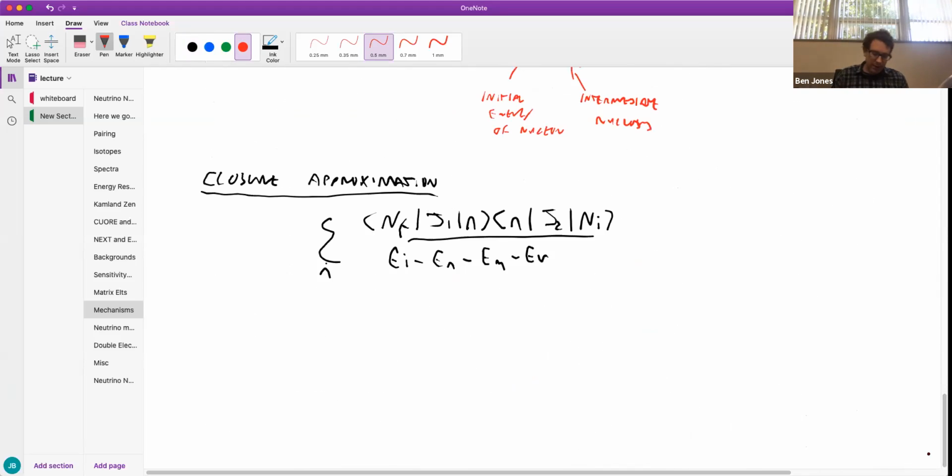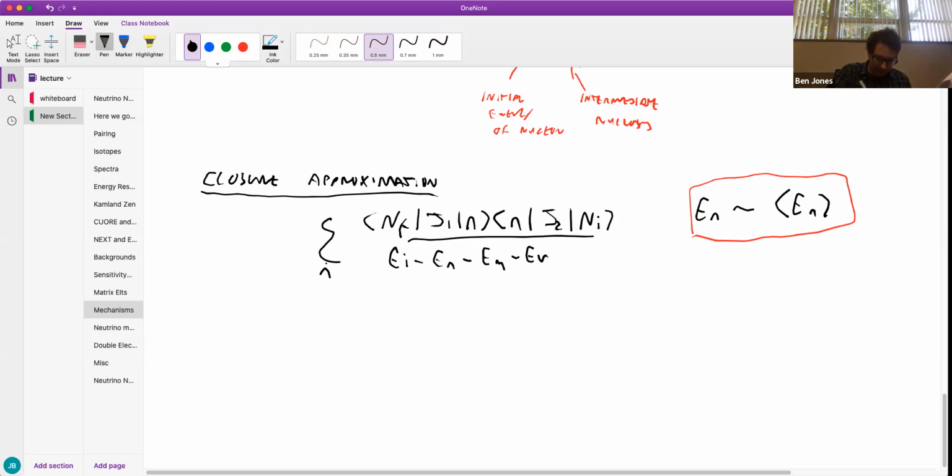Now the closure approximation says that this expression can be significantly simplified if I imagine that I can treat all of these nuclear excited states as having the same energy, which is the mean energy of the excitation. That is fundamentally the closure approximation: all of the excited states have some amount of energy, which is the mean energy of the states that are accessed.